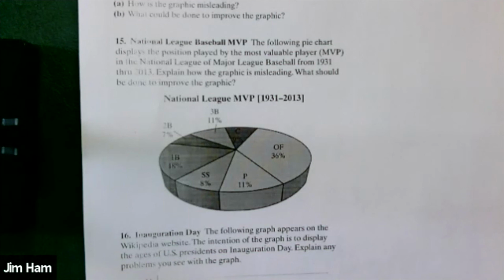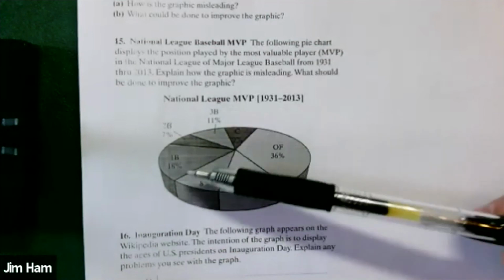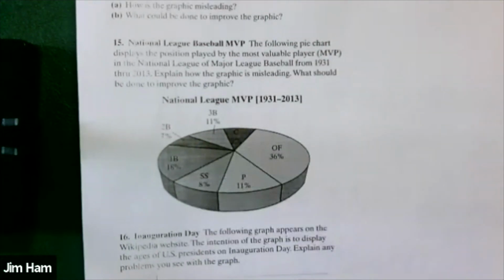So if it was, say, Miguel Cabrera, when he won the most valuable player, he was a first baseman. So he would be counted in this grouping here, the first basemen, the 1Bs. They did that over and over again since 1931, keeping track of the position that players play who won the most valuable player.